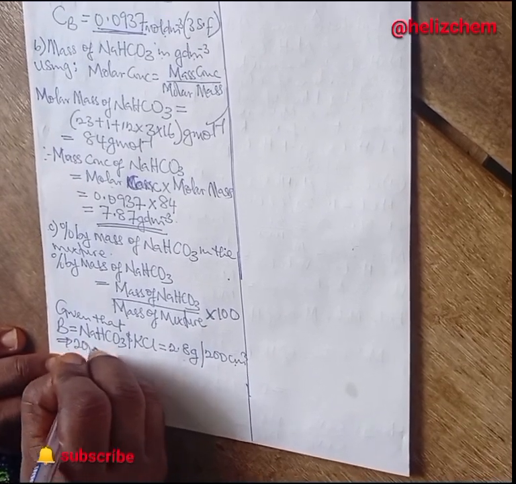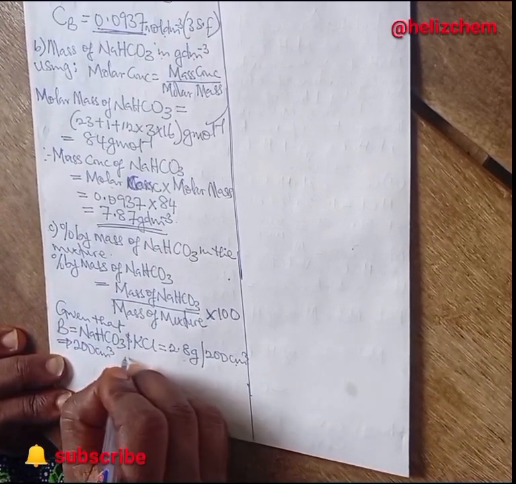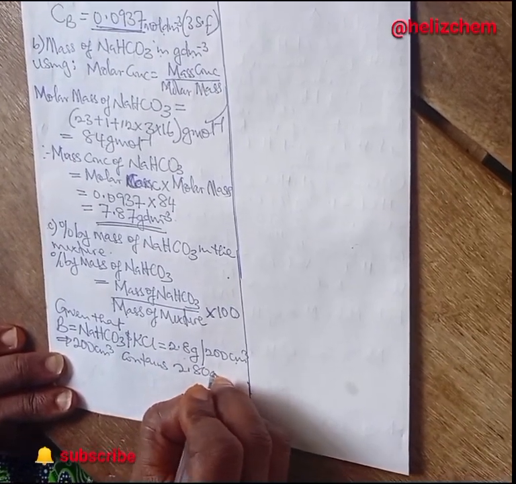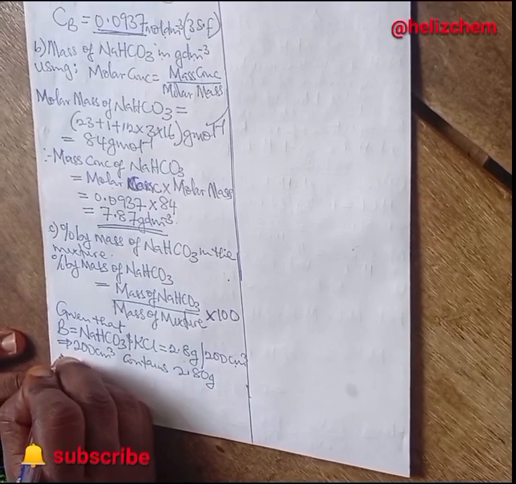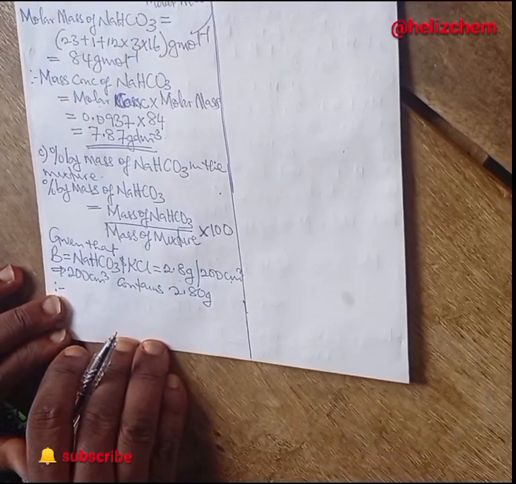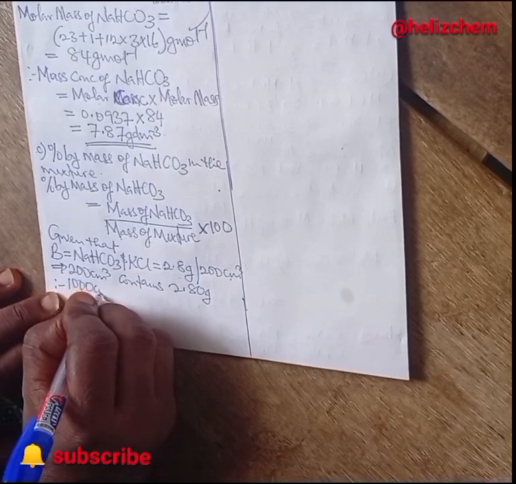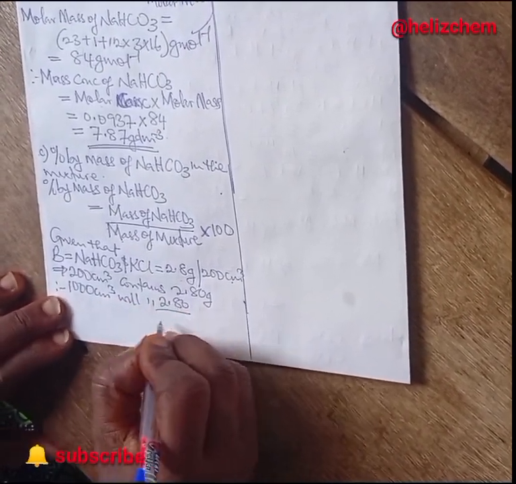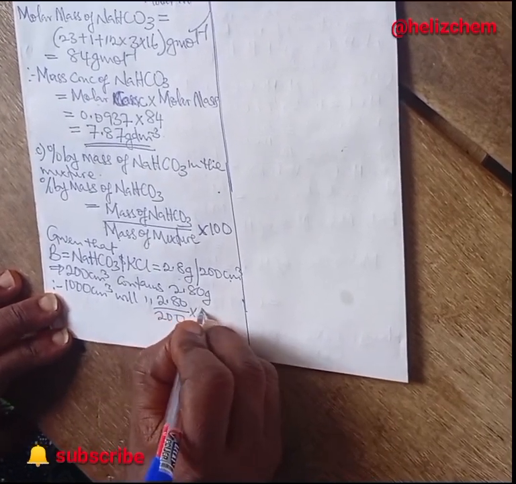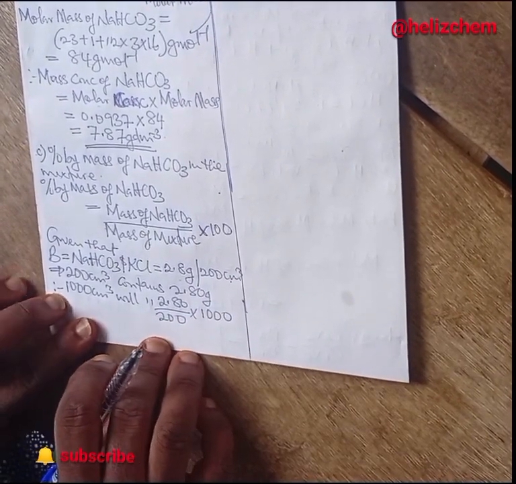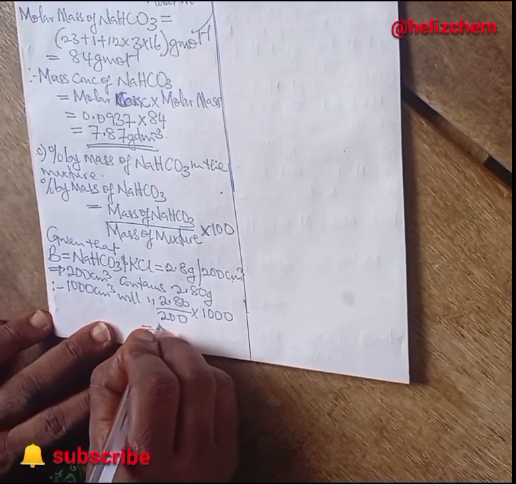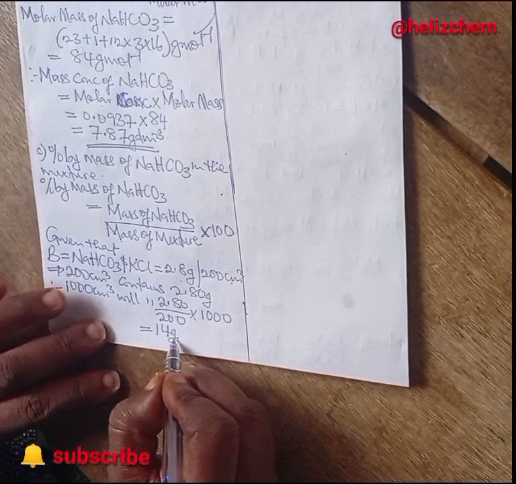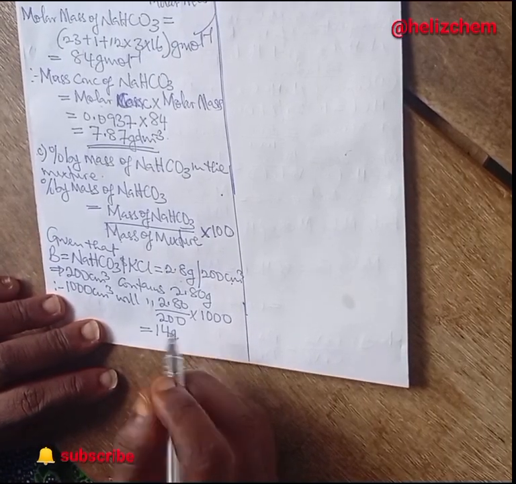This implies that 200 cm cube contains 2.80 gram. Therefore, 1000 cm cube will contain 2.80 over 200 times 1000. And when you press the calculator, you have 14 gram. So this is the mass of the mixture.